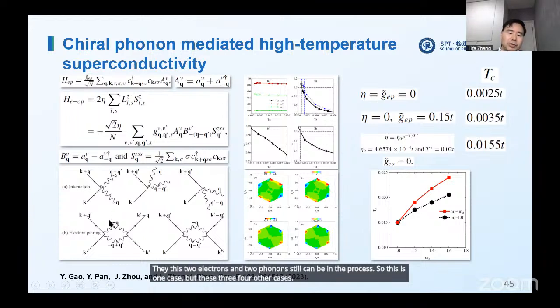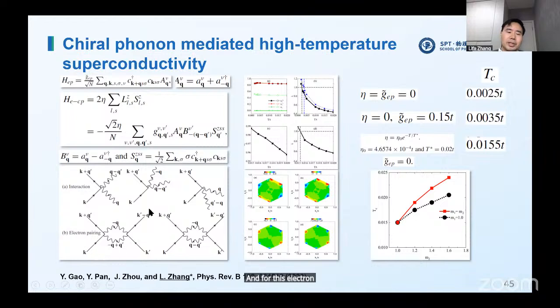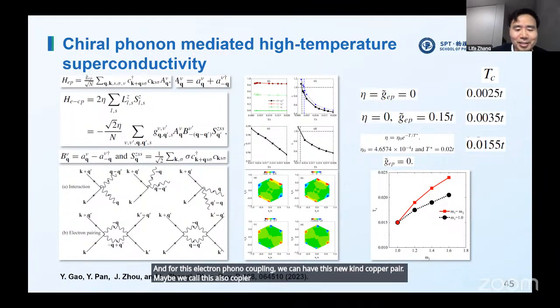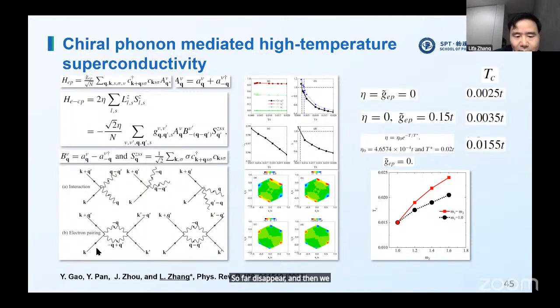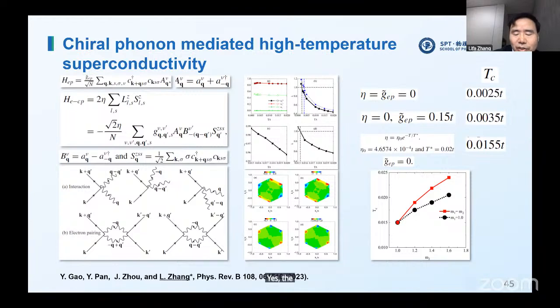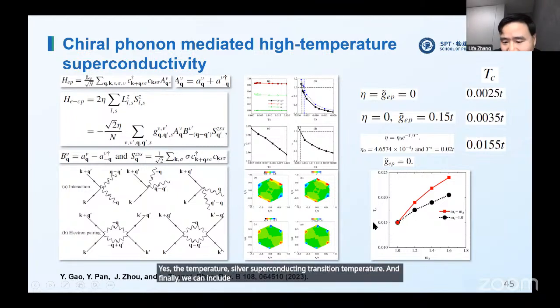And for this electron-phonon coupling, we can have this new kind of Cooper pair. Maybe we also call this a Cooper pair, or maybe we cannot call it a Cooper pair, but it's a pair. We calculated this pair and how it affects the superconducting transition temperature. We find we can increase the temperature.